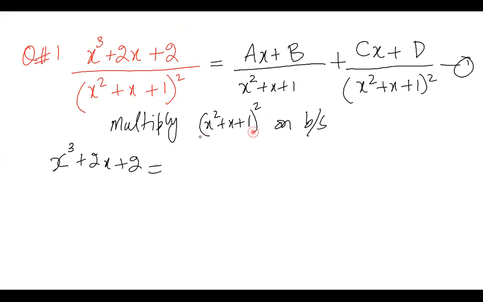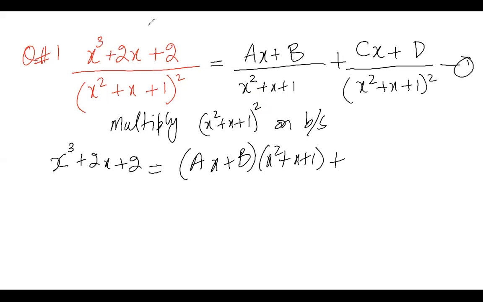Again, when this is multiplied with this expression, this is x square plus x plus 1 whole square, and this is x square plus x plus 1. So one quadratic will be cancelled with this square, and what we will be left with is ax plus b into x square plus x plus 1.